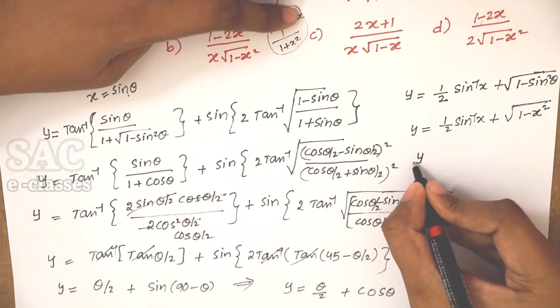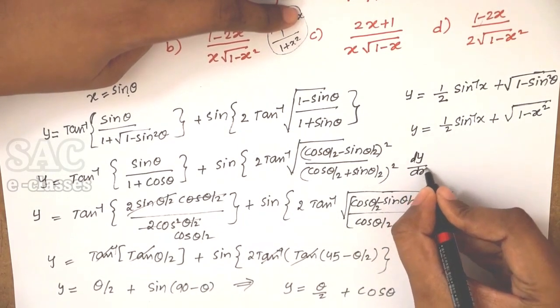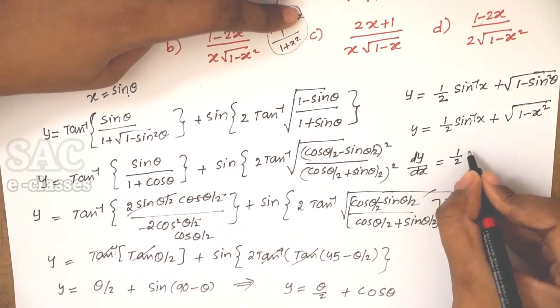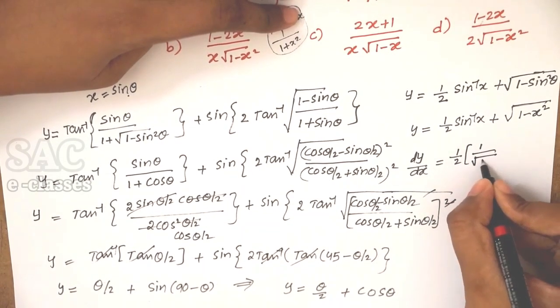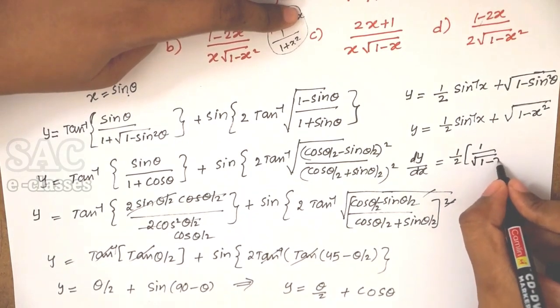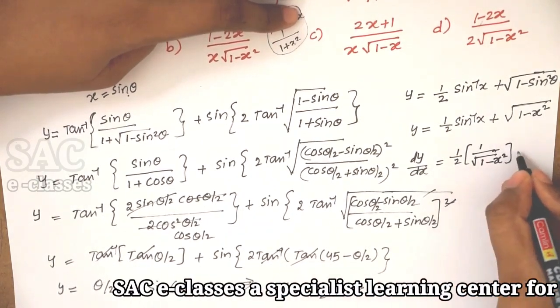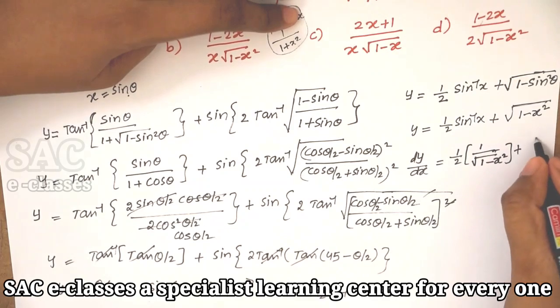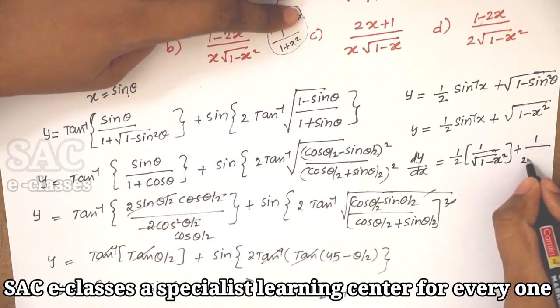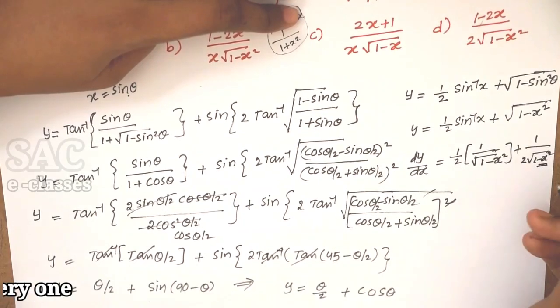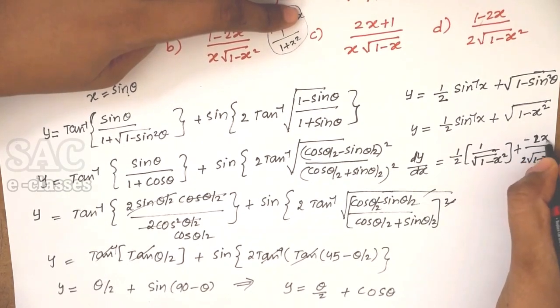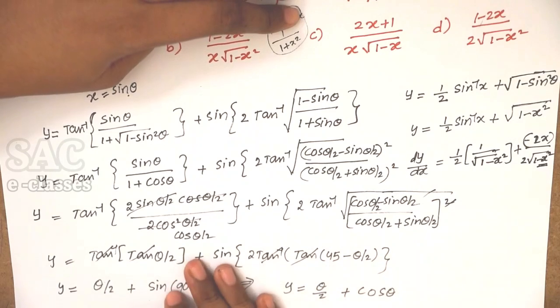Go for the differentiation. dy by dx equal to half into sin inverse x. We know the differentiation of sin inverse x is 1 by root over 1 minus x square, plus the differentiation of this is 1 by 2 into root over 1 minus x square. But here it is x square additionally, so its inner function derivative is minus 2x.